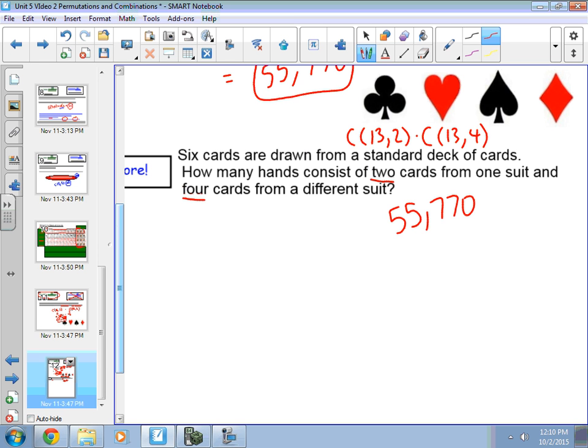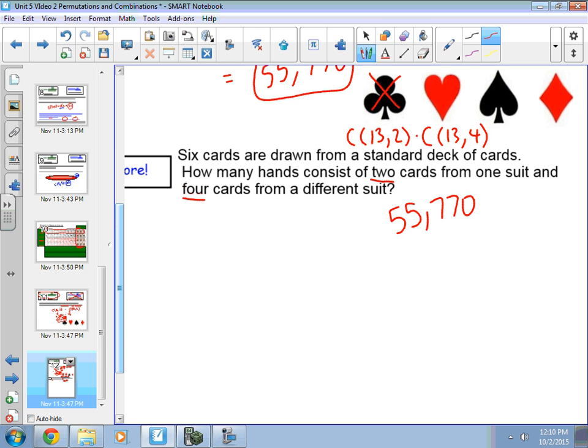But what's different is we need to know how many ways we can get the 2 suits. Now, is the order of the suits important? Yes, because the first suit, say it ends up being clubs, can that be the suit as the next choice? No. The order is important when choosing the suits.